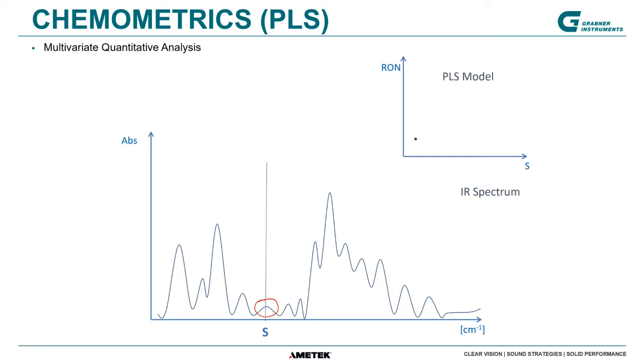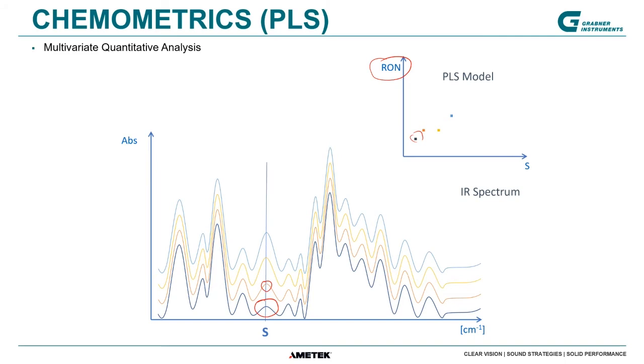So now, if we are applying this spectrometer and we plot this peak height here against the property which we want to measure, then we can measure different gasolines, and we need to measure different gasolines, where especially this feature, this peak, is changing its height.